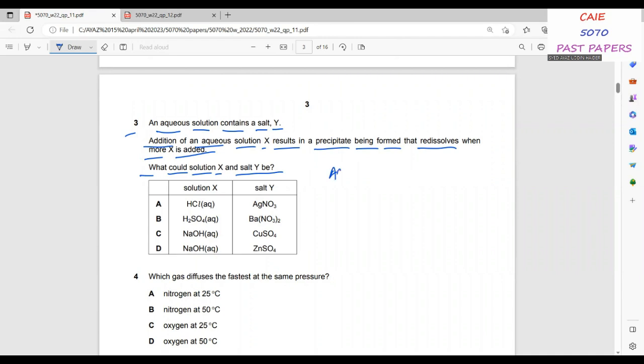We will get AgNO3 plus HCl gives HNO3 and an insoluble precipitate of AgCl. But in the question they are saying that this precipitate redissolves. So this is wrong. B, H2SO4 plus Ba(NO3)2, barium nitrate.